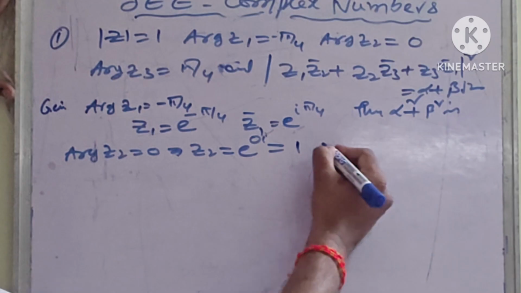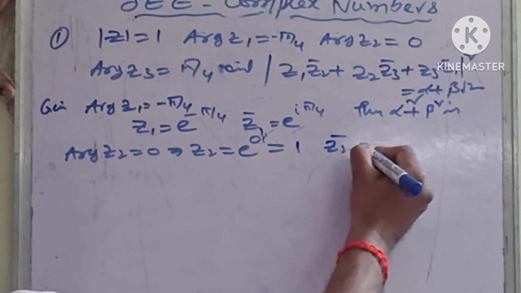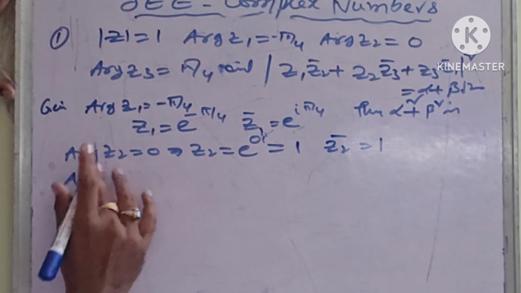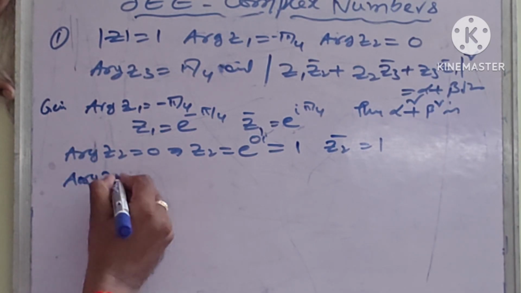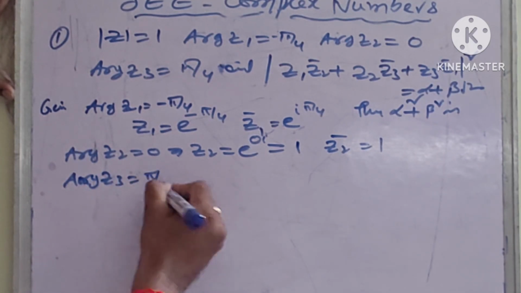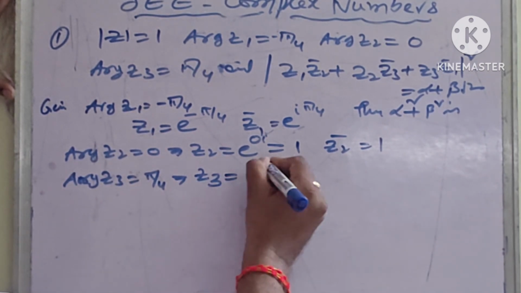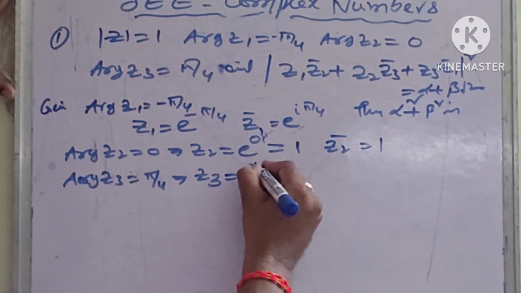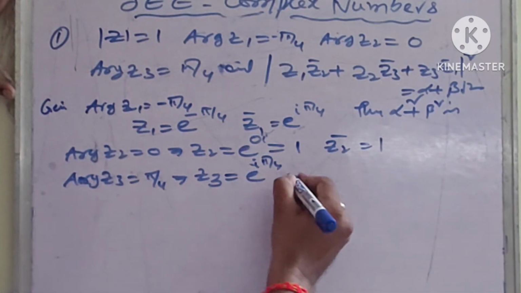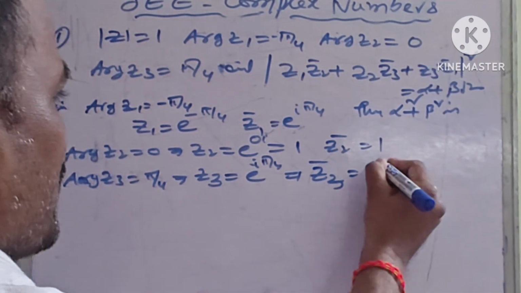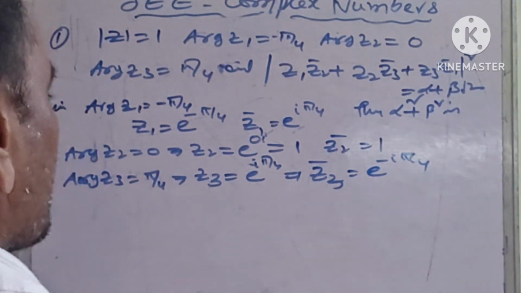So here Z2 bar is also 1. So arg Z3 is equal to pi by 4. Now Z3 is equal to e power i pi by 4. So here Z3 bar is equal to e power minus i pi by 4.